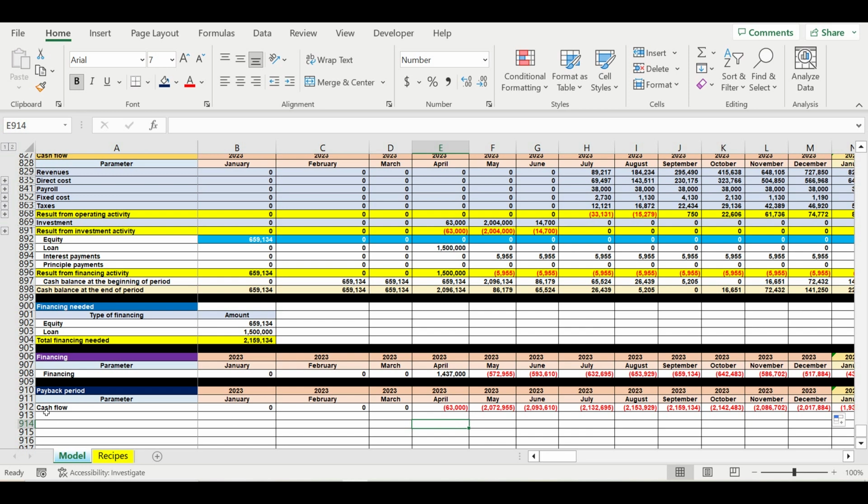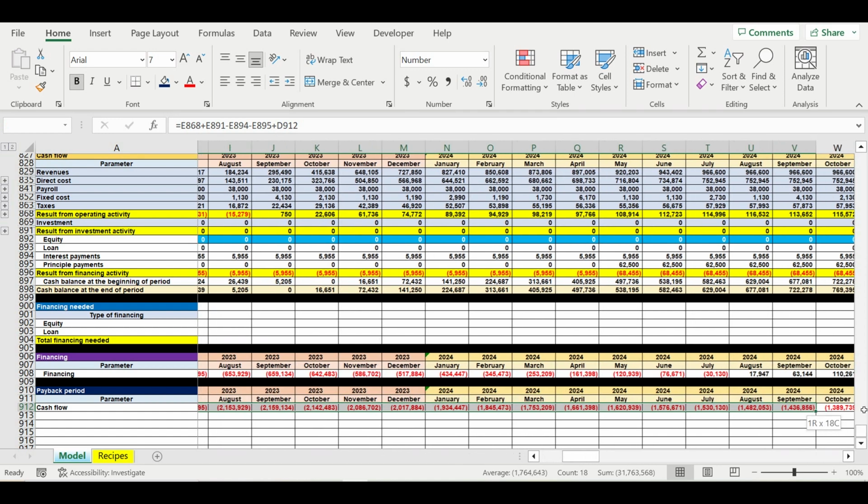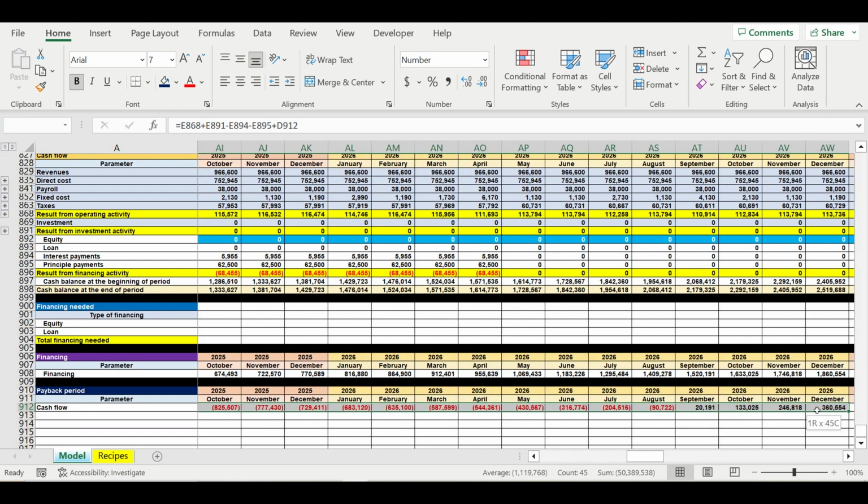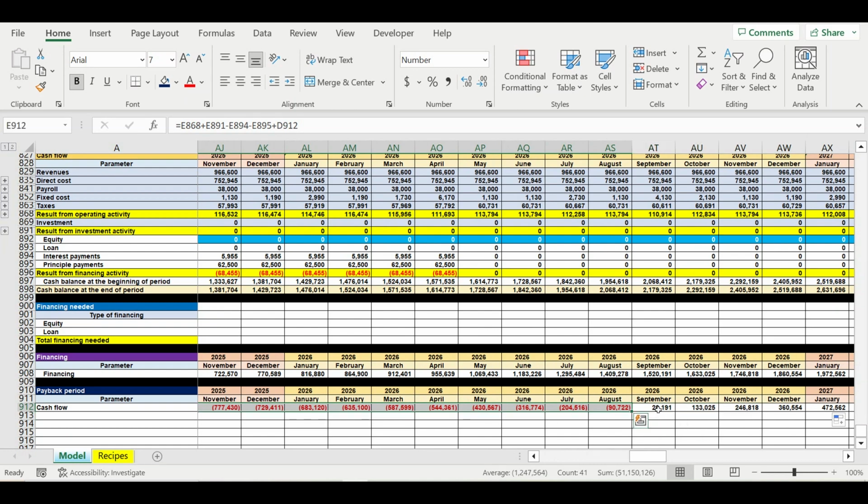So here we have a very interesting line. This line consists of two parts. The first part of the line contains negative values, and the second part contains positive values.